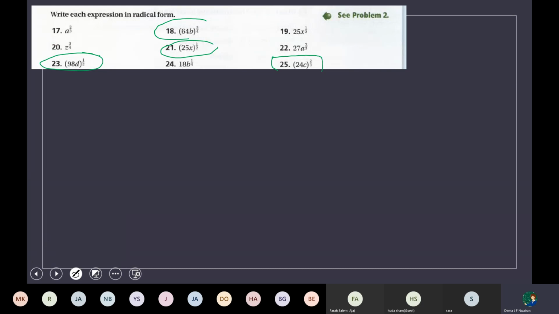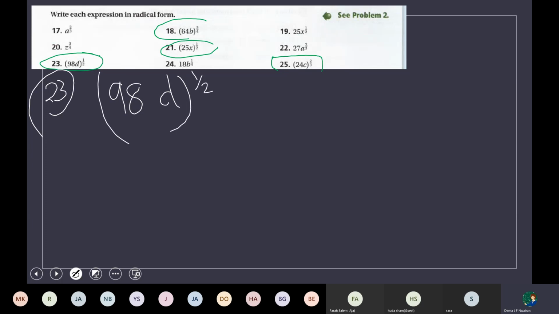For 23 now, it is the square root of 98d, all of them raised to half.